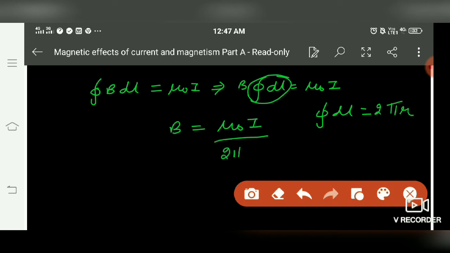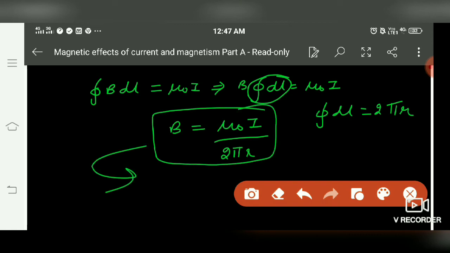Substituting the value, B times 2 pi r equals mu naught I. This is the expression for the magnetic field of a long straight conductor.